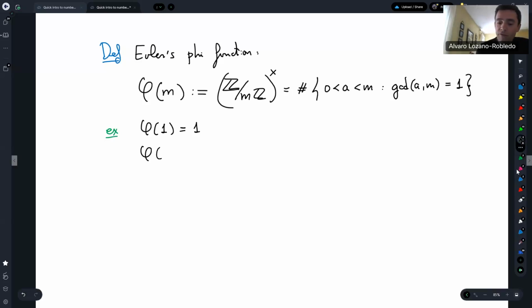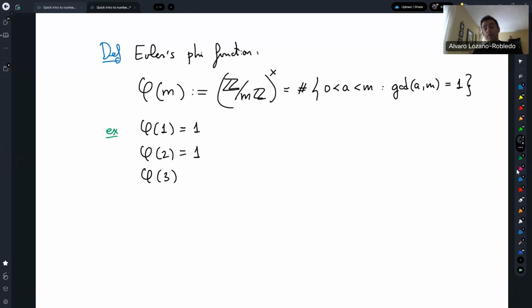For example, phi of 2: how many congruence classes modulo 2 are units? Just the number 1. So just 1. How about phi of 3? Modulo 3, we already saw that 1 and 2 are units, so there are 2. How about phi of 4?